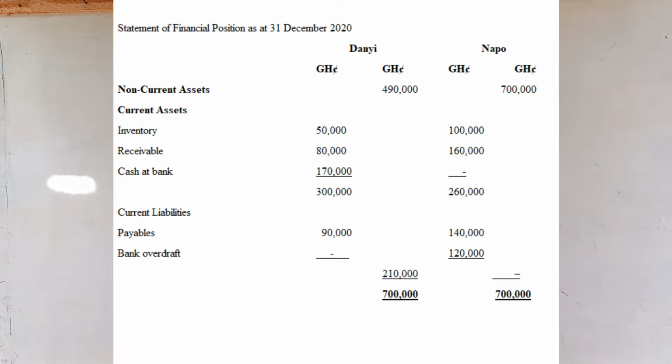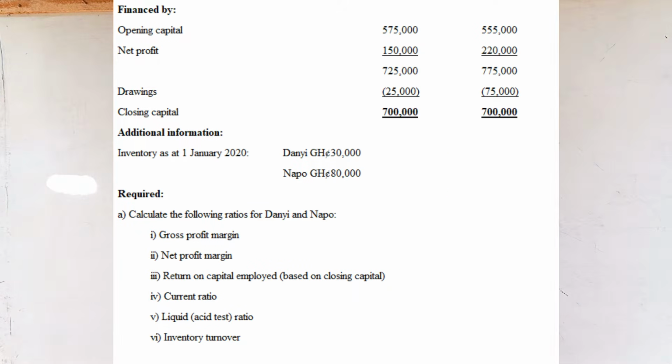Then let's look at the financing by the equity portion. We have opening capital of 575,000 for Danyi and 555,000 for Napo. Then net profit is brought down from the statement of profit or loss, 150,000 and 220,000. Then we take out the drawings for both companies, giving us closing capital of 700,000 each.